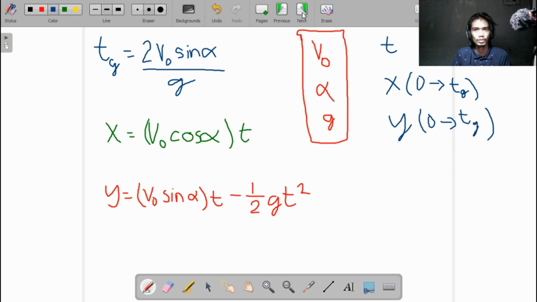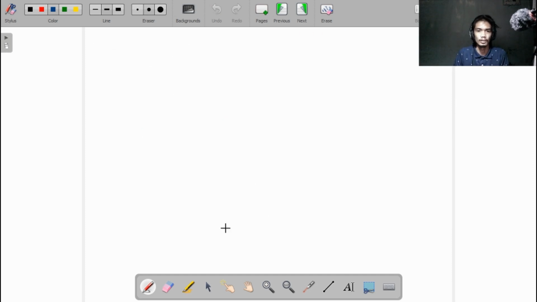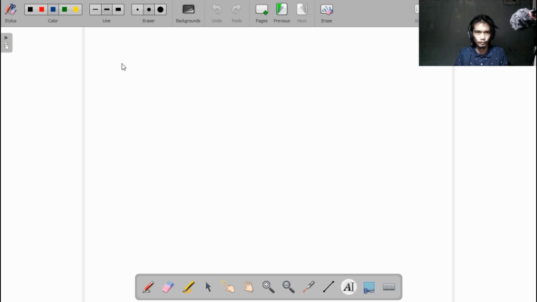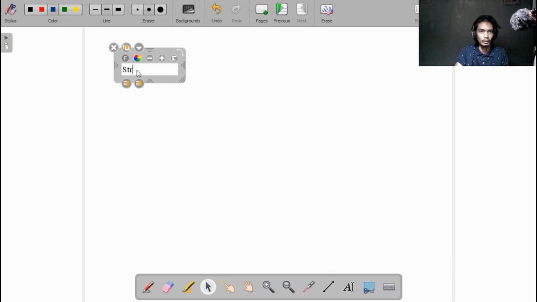So what would be our strategy here? Okay, so strategy muna tayo. So ang strategy natin is step number one, we need to declare v0, we need to declare g, and we need to declare alpha.